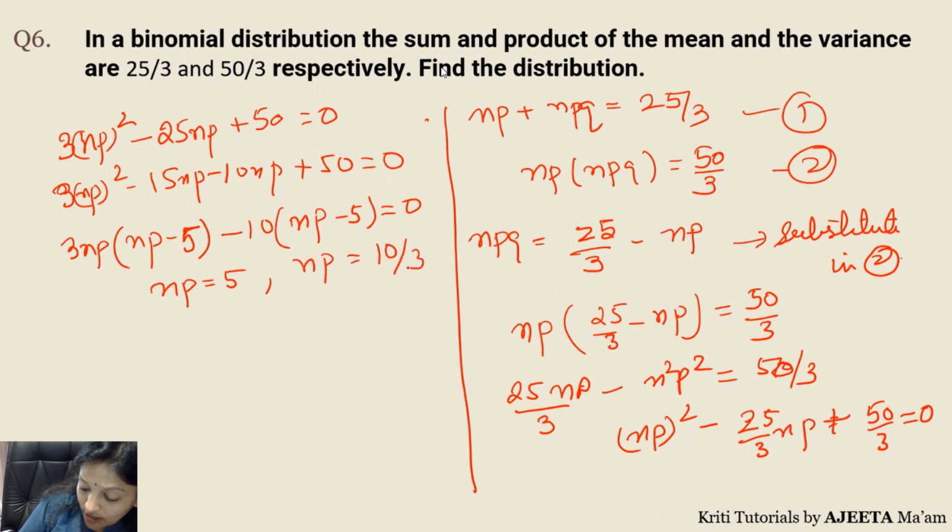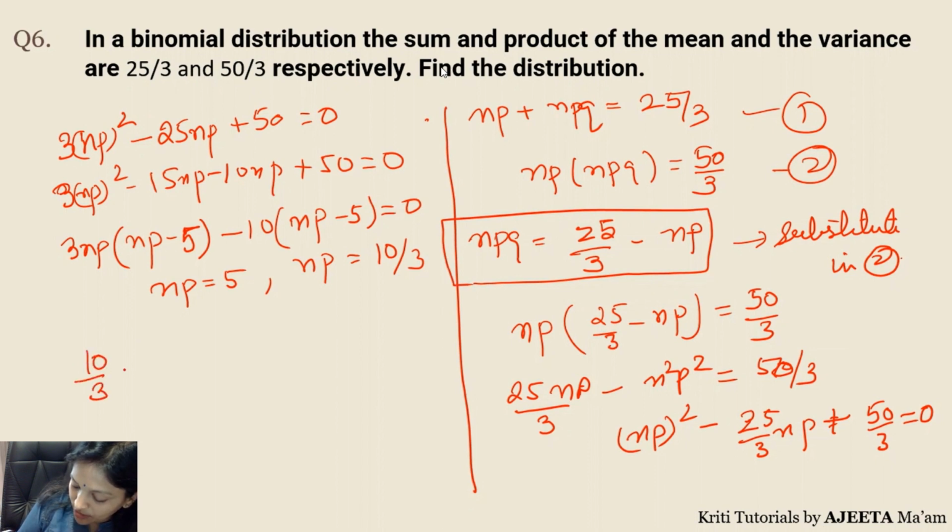Now we have to check which is the possible value. So if I take NP as 10 by 3, okay, now let's work it out. If NP is 10 by 3, what will you get? The value of Q. Now let's put it in this equation. The value of NP is 10 by 3. So NPQ is 25 by 3 minus 10 by 3.